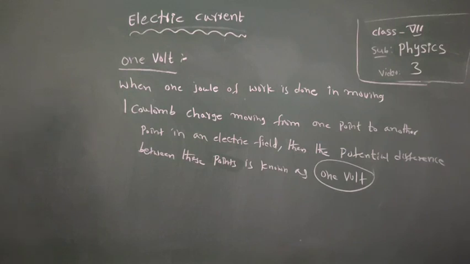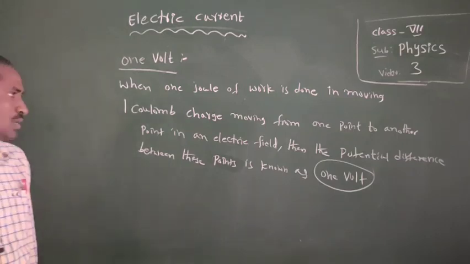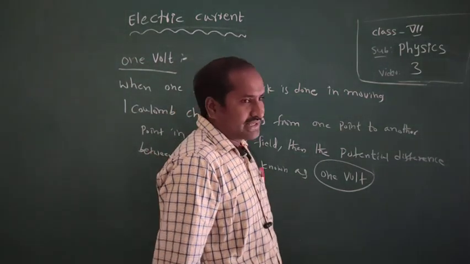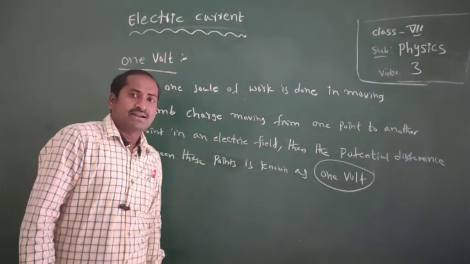Listen once again. Potential difference means the amount of work done when 1 unit positive charge moves from one point to another point in an electric field.